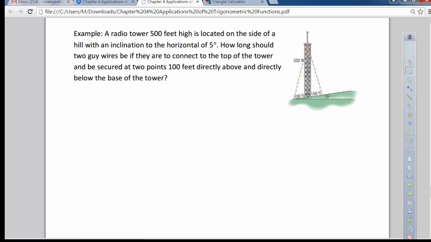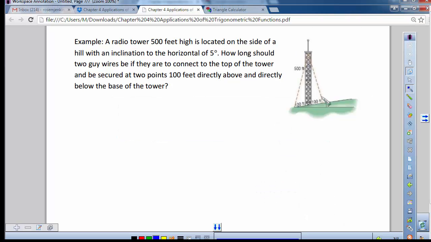Okay, so I think you can see the illustration here, and we've got the tower, which is still going straight up and perpendicular to the horizontal. And so we need to figure out the measure of some angles here.